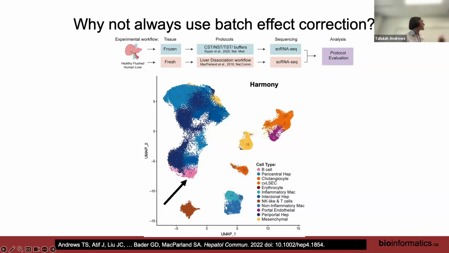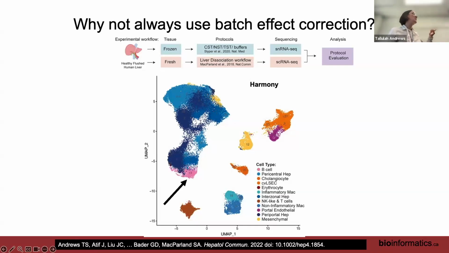So here's some data we actually published, and the reviewers didn't notice that there's this glaring error because of our batch effect correction, where this is cells from the liver, and in pink there at the end of the blue cluster, so the blue cluster are all hepatocytes, that pink cluster is B cells. B cells look nothing like hepatocytes.